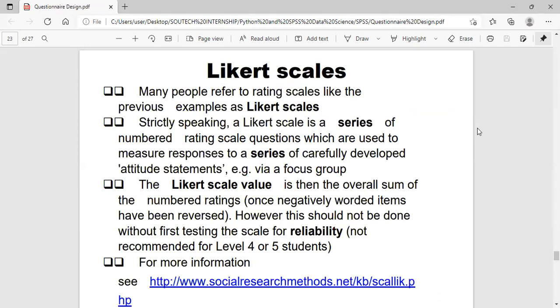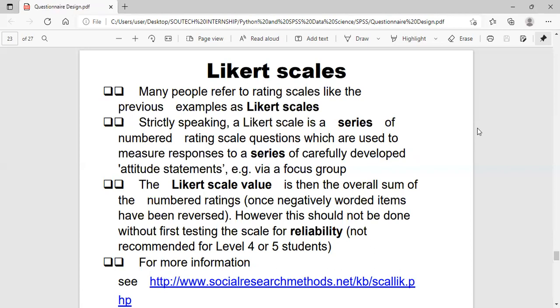Next, we're going to see likelihood scales. Many people refer to rating scales like the previous examples as Likert scales. Strictly speaking, a Likert scale is a series of numbered rating scale questions which are used to measure responses to a series of carefully developed attitude statements, e.g. a focus group.